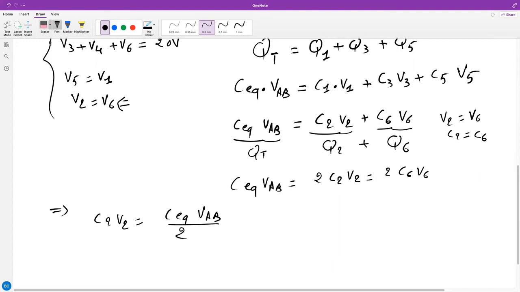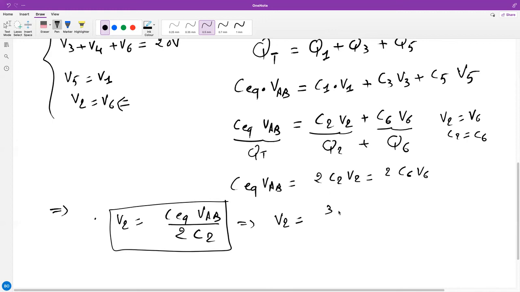So V2 is equal to the C equivalent, 3 microfarad, divided by 2 times C2, which is 6 microfarad, and then times 20 volt, because VAB is 20 volt. So V2 is equal to 10 volt, and I know that V6 is also equal to V2. So V6 is equal to 10 volt.